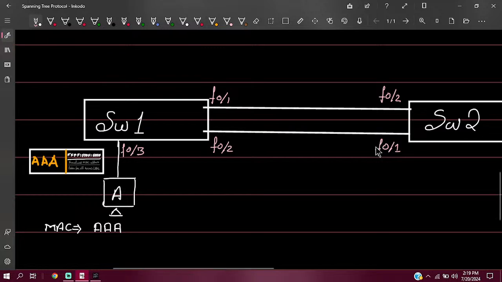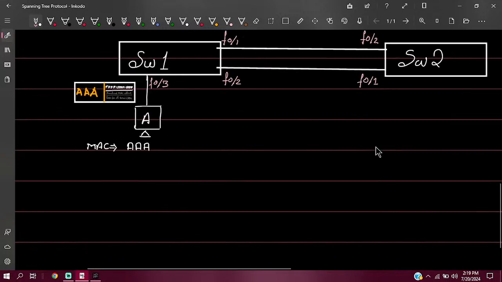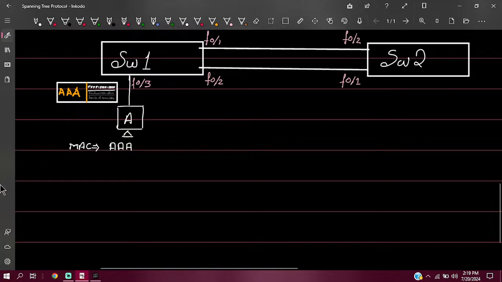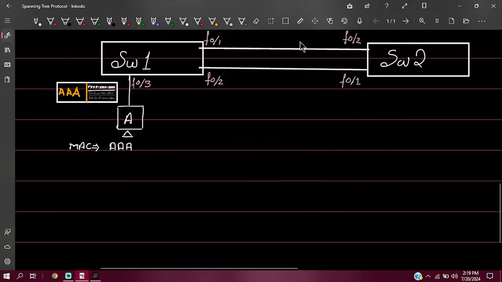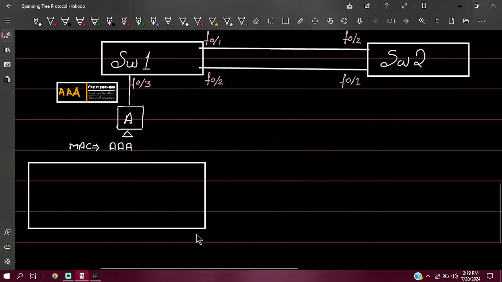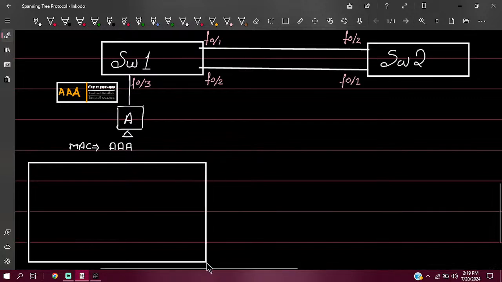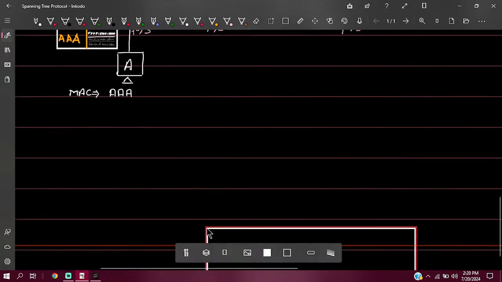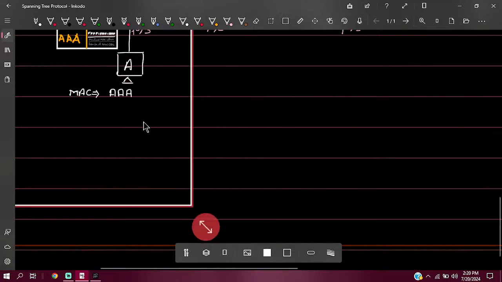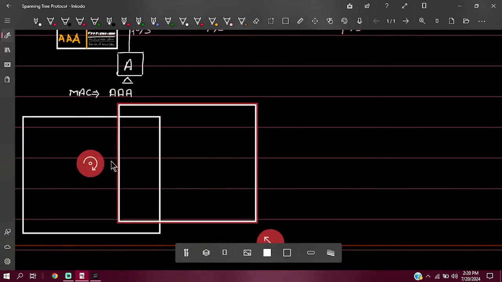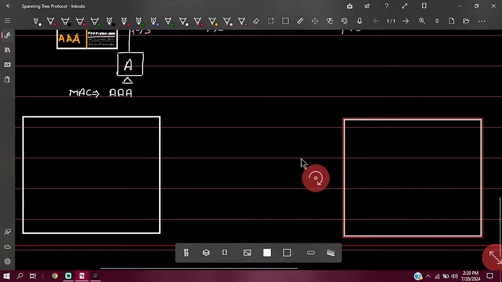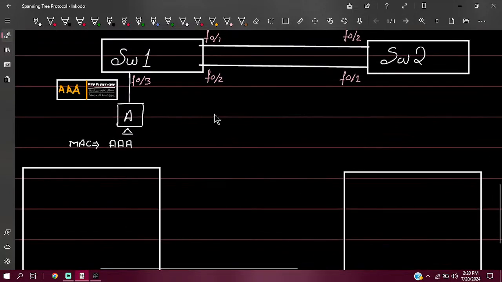Okay, so let's create the MAC address table for both the switches. This is the MAC address table for switch 1. And this is the MAC address table of switch 2. We have made the MAC address table of both.